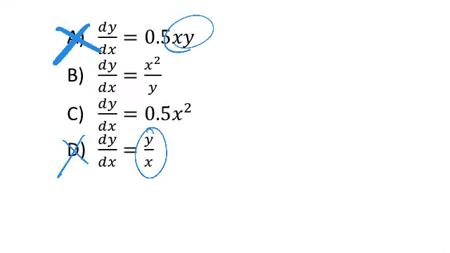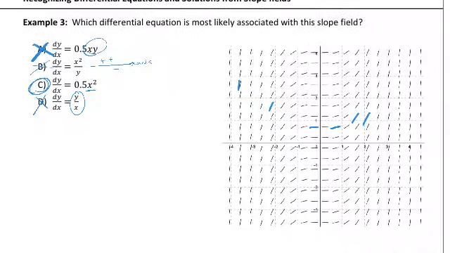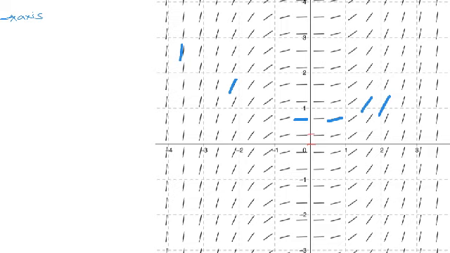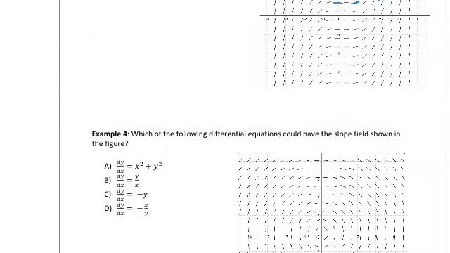If I look at something like B, remember this is the one which would be all positive slopes above the x-axis and all negative ones down here, so it couldn't be that one either. So it must be this one, all positive slopes here. Then I can go further and check that it makes sense. When x is 0, yeah, it looks like I've got 0 slopes here. And then as x gets bigger, my slopes get bigger. So yeah, that totally makes sense, and the answer would be C.